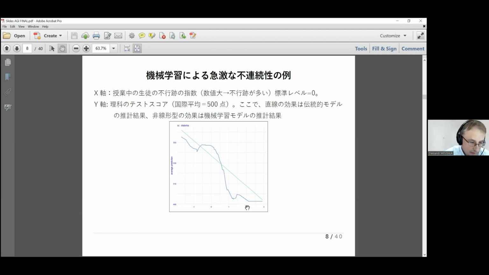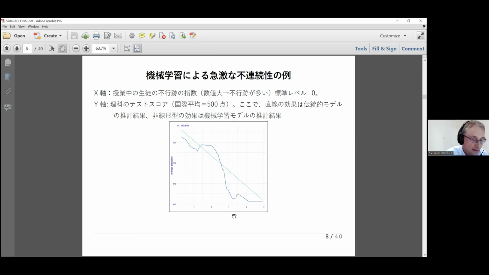The model looks at the effect of class atmosphere, how well-behaved students are. 0 means a standard level, and to the left of 0 means well-behaved students, and to the right of 0 means badly behaved students.